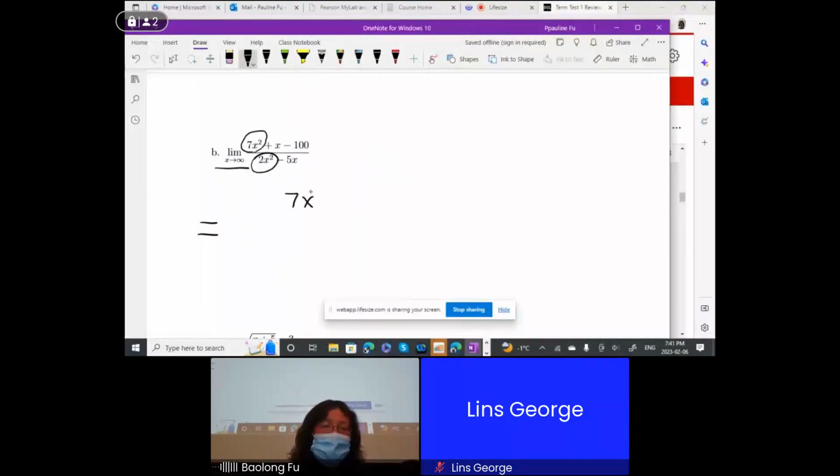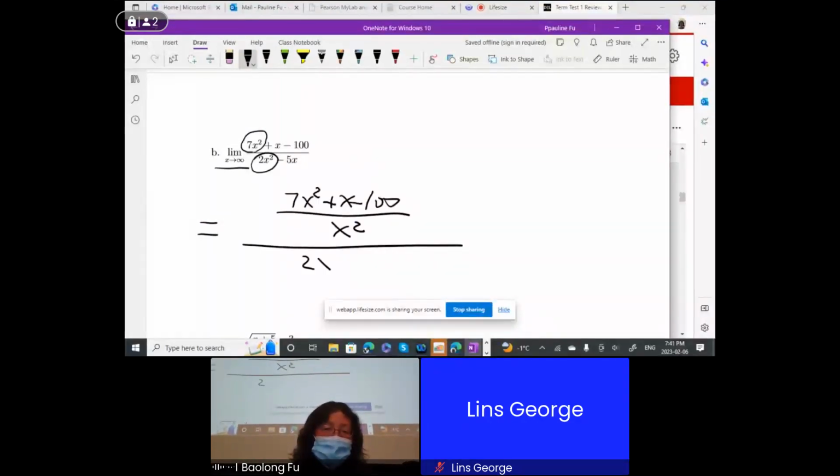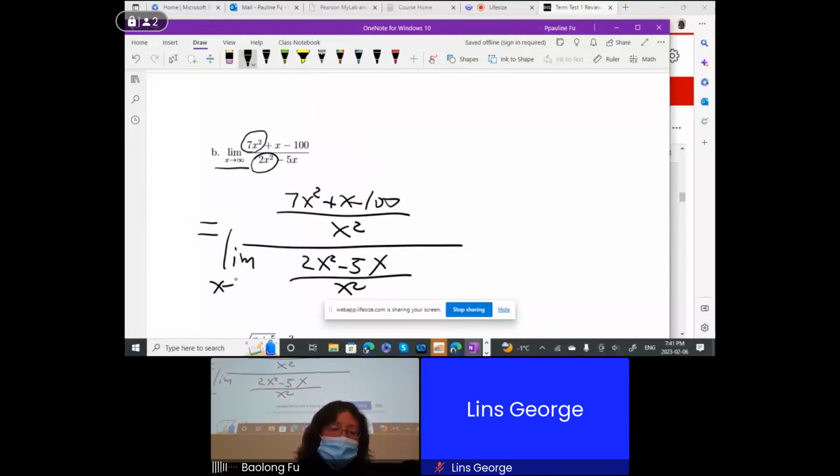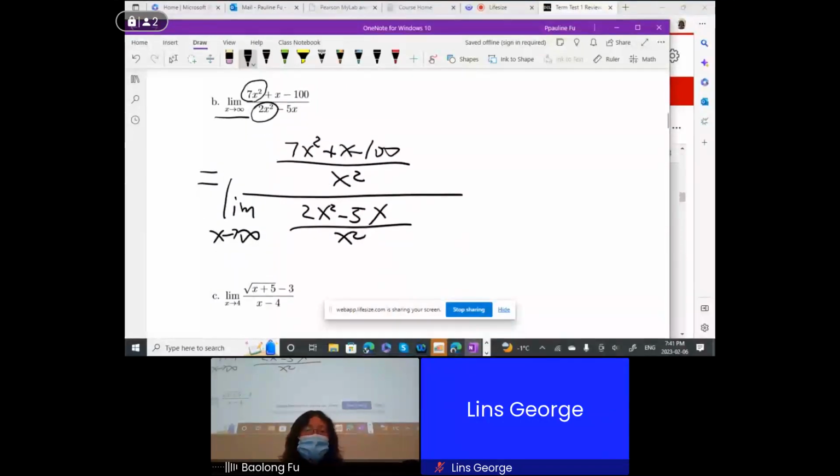When you are asked to show your work, you do it this way. Both the top and the bottom, you divide by x squared. Both the numerator and denominator divided by x squared.